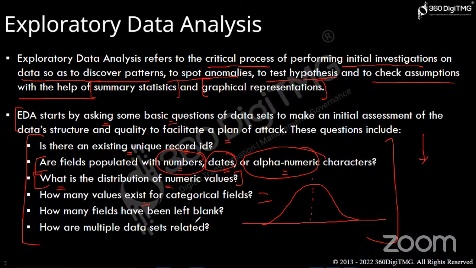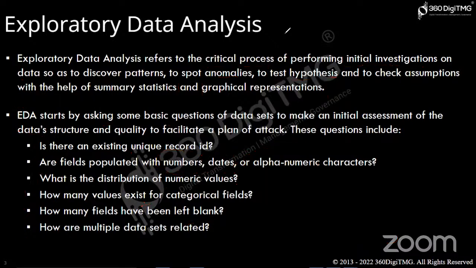How many fields have been left blank? Are there any missing values? That is also a very important factor that we are going to look into when it comes to EDA. We will be trying to find the complete information of data.